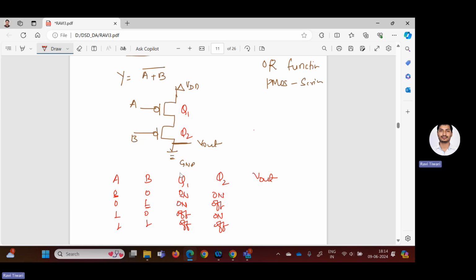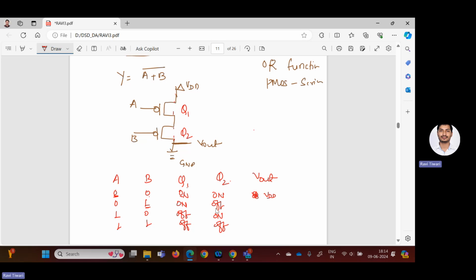Now, if first condition I am checking, if A and B both are 0 0, Q1 and Q2 both are on, that means they are short circuited like this, and Vout is connected to what? VDD. So the output will be VDD here.